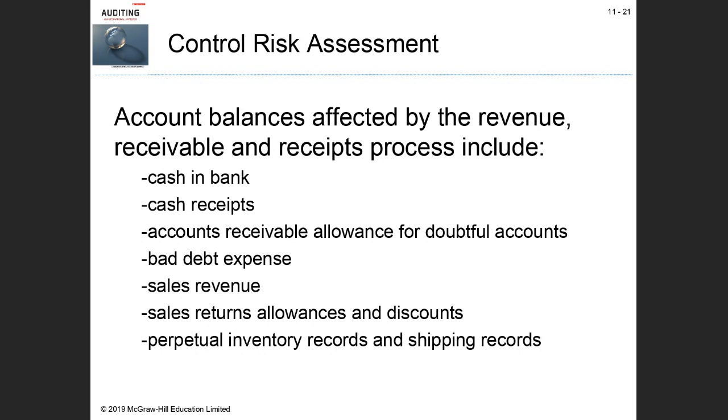We also noted, although it's usually part of the purchase payable payment cycle, that inventory is updated in computer systems that use the perpetual system as items are sold. But the inventory cycle we'll talk about in chapter 12.